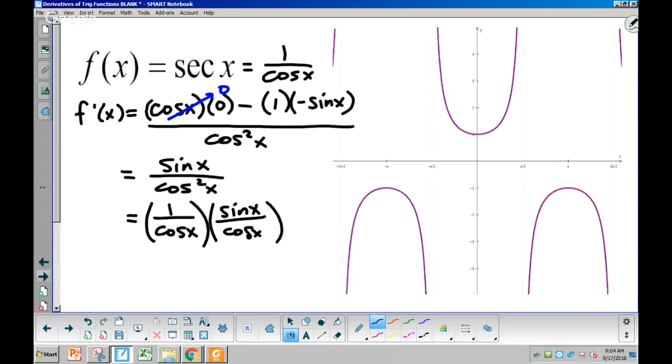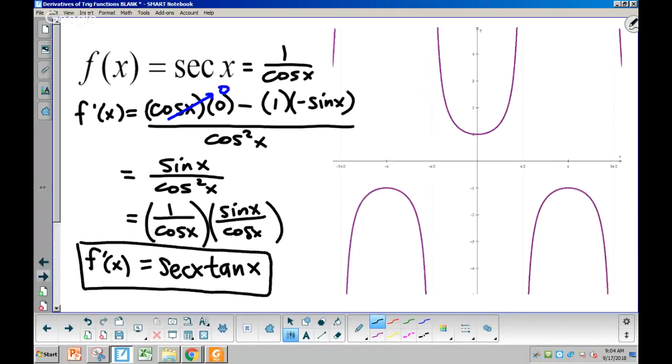Well, this is secant x tan x, and yes, that is the derivative of secant. Now, it's a little bit different, but that's the truth there. So f of x is secant x. The derivative of secant again is secant x tan x.